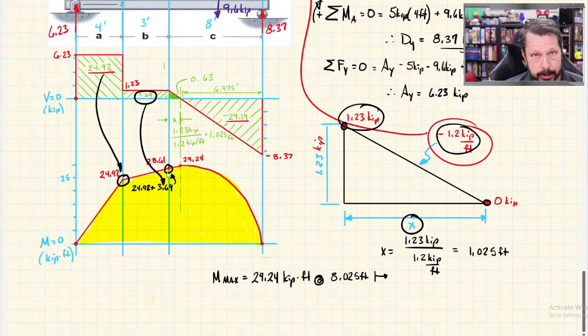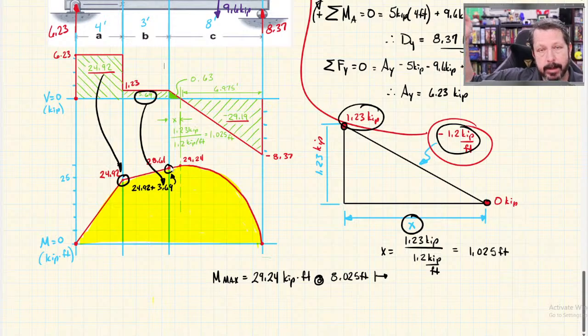And so the change in shear from where I was, 24.92, plus the change, 3.69, equals the new point of 28.61. So each time I'm adding or subtracting the area under the shear diagram for that little region.